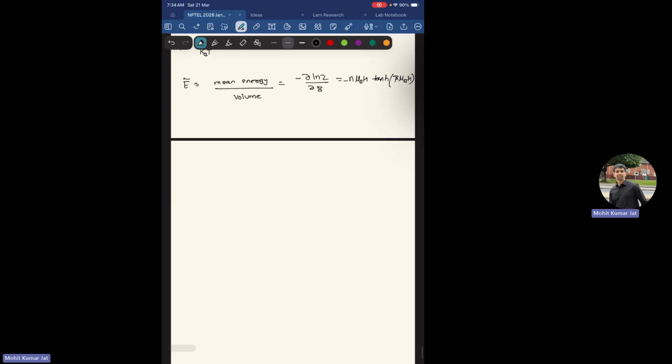So heat capacity is C equals N del E by del T, and that will be minus N mu B H, sech square of mu B H by kBT, times mu B H by kBT, times 1 by T.